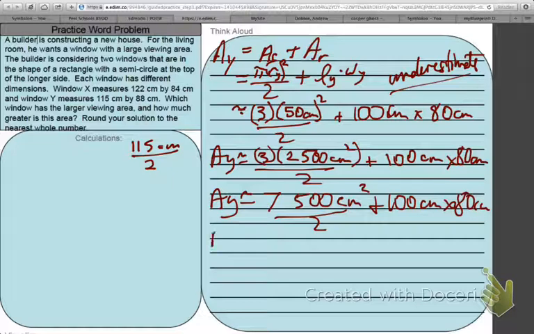We're going to do one step at a time just so we don't lose track of what we're doing. And half of 750. Well, if that's about 8,000, what's half of 8,000? About approximately 4,000 centimeters squared plus 100 centimeters times 80 centimeters.